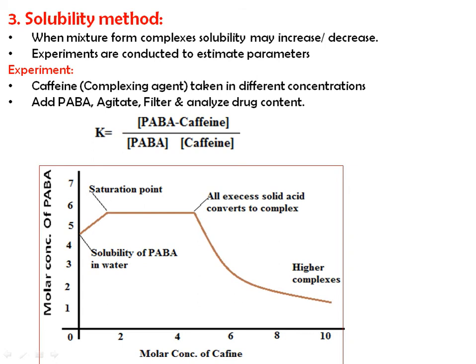Then after addition of this excess complexing agent, a formation of secondary complex is there, which is nothing but higher complex, and that's why there is less solubility. This stoichiometric interaction can be determined from the phase solubility diagram.